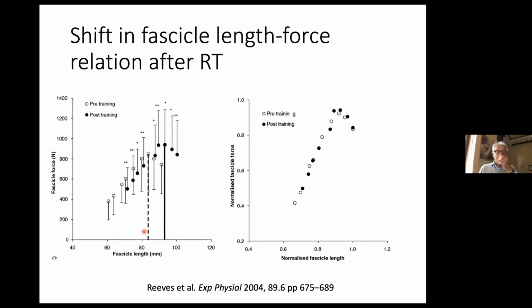In fact, when we looked at the length-force relationship of the fascicles before and after training, you can see that this was shifted to the right, indicating that because of a longer length, the fascicles have a different optimal length. And if normalized for the resting length, you can see that they perfectly overlap one another.